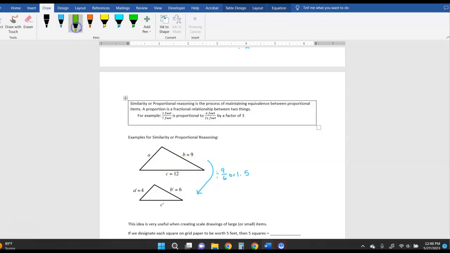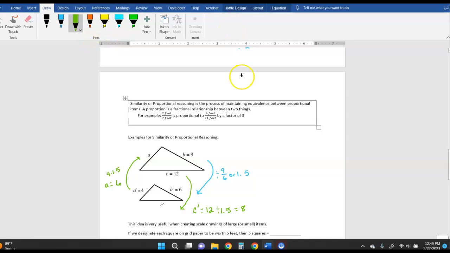So if I want to go from 12 to C prime, C prime is going to be 12 divided by 1.5, which is equal to 8. Now if I wanted to go the other direction, so now I have small to big, instead of dividing, I'm going to multiply, so I'm going to take 4 times 1.5, which means A is going to equal 6.